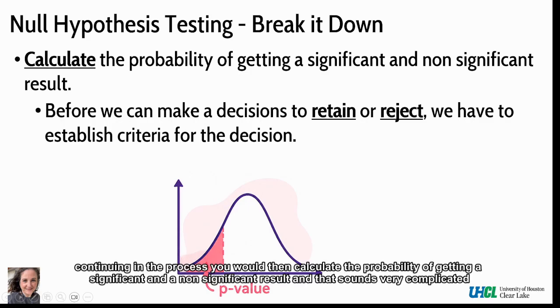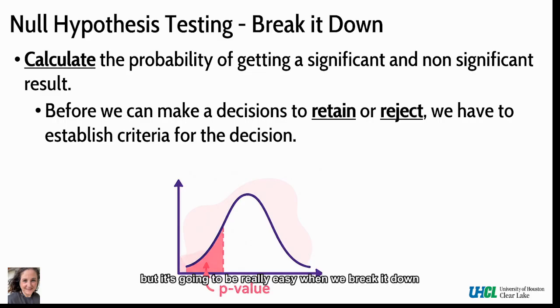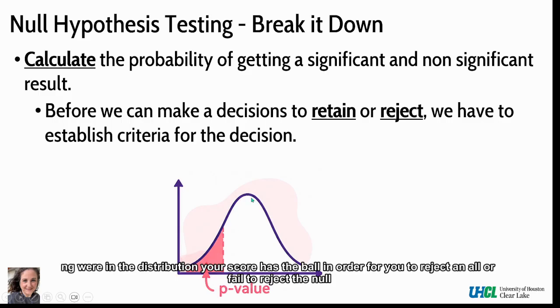Continuing in the process, you would then calculate the probability of getting a significant and a non-significant result. And that sounds very complicated, but it's going to be really easy when we break it down. What you're basically doing here is looking at this distribution, and deciding where in the distribution your score has to fall in order for you to reject the null or fail to reject the null.